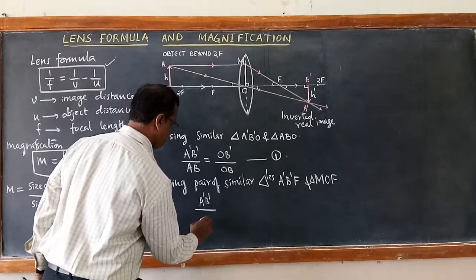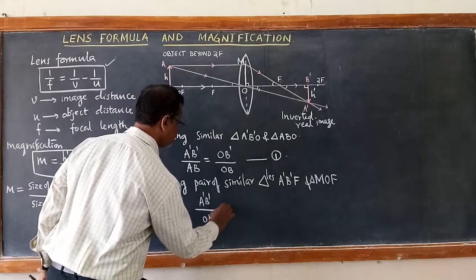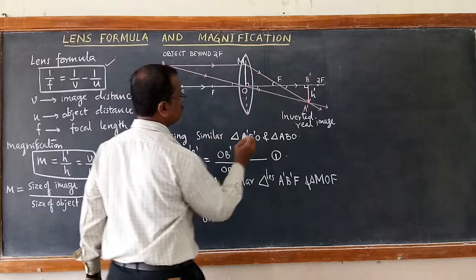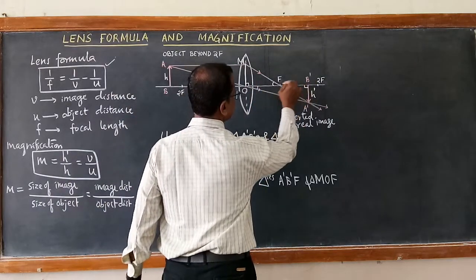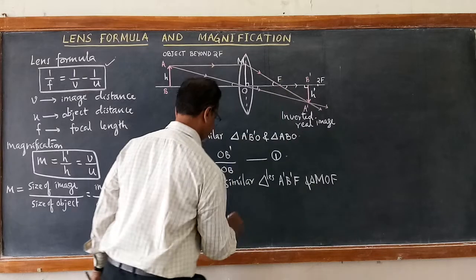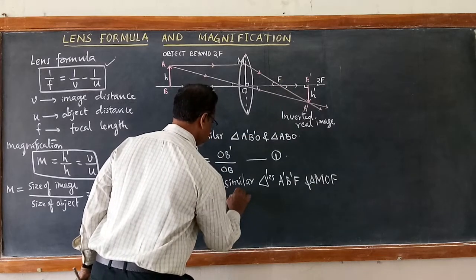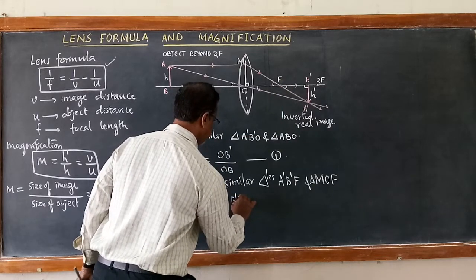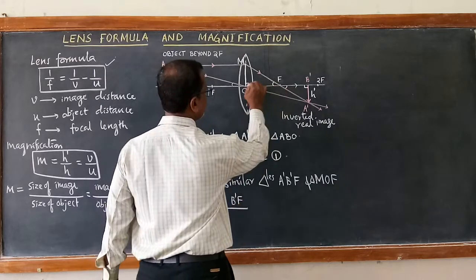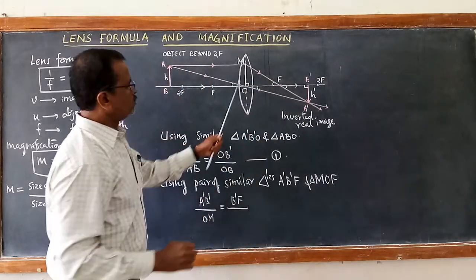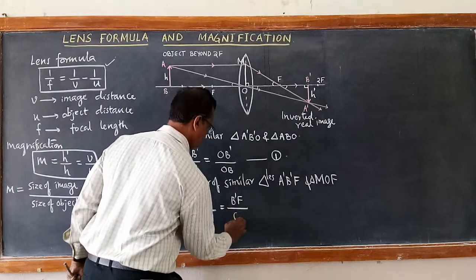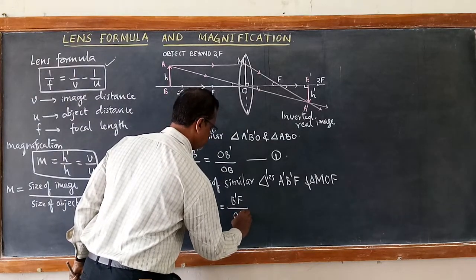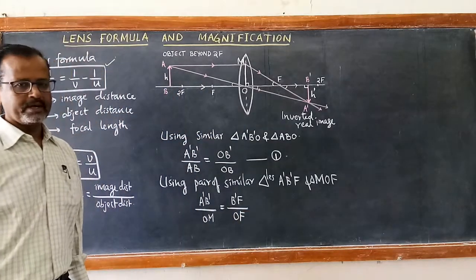A'B' by OM equal to, the corresponding base here is B'F, B'F divided by, what is the corresponding side here? OF. B'F divided by OF.